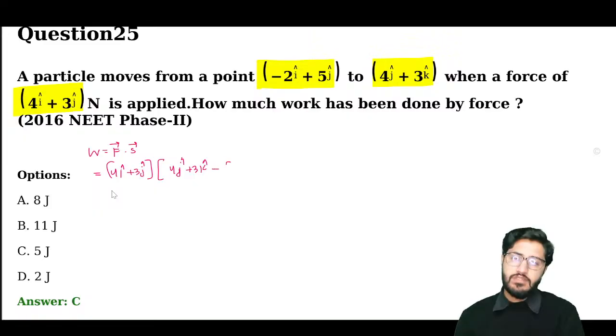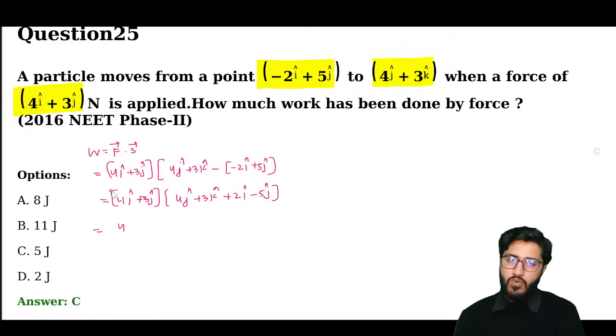minus 2I cap plus 5J cap. So displacement is 4J cap plus 3K cap plus 2I cap minus 5J cap.